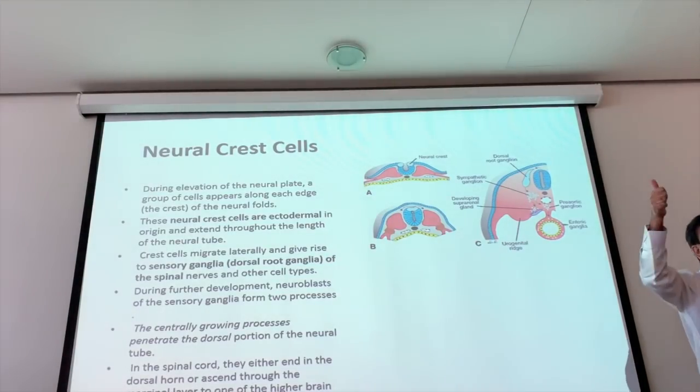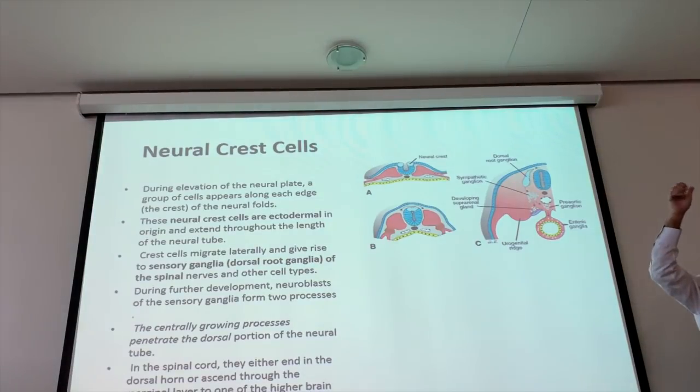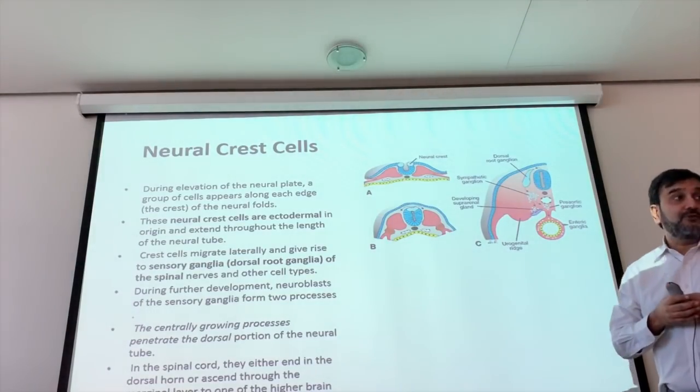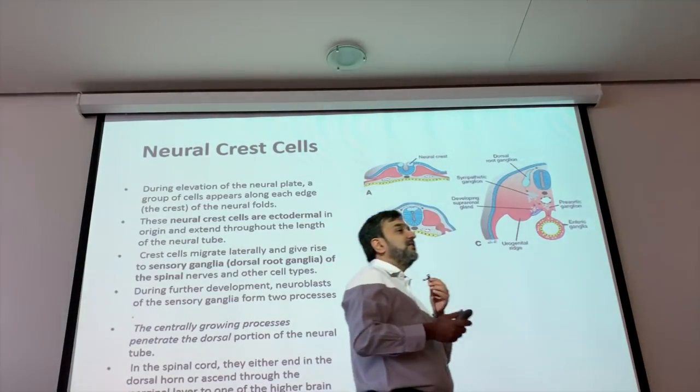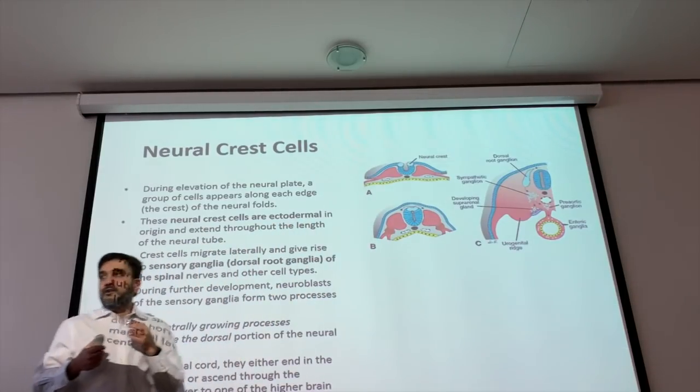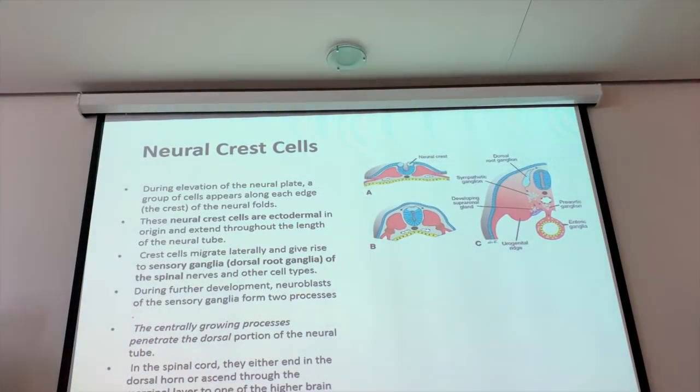So neural crest cells are important in giving rise to the dorsal root ganglia, the sympathetic ganglia, the medulla of the adrenal gland. They are important in giving rise to Schwann cells, and they are important in giving rise to the melanocytes, which are the pigment cells in your skin.